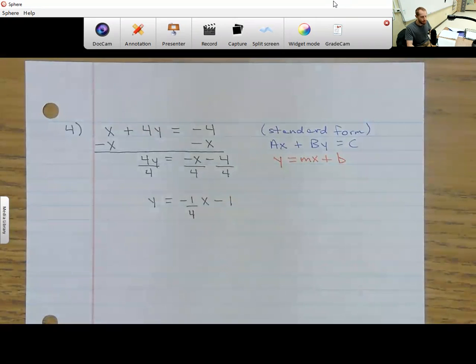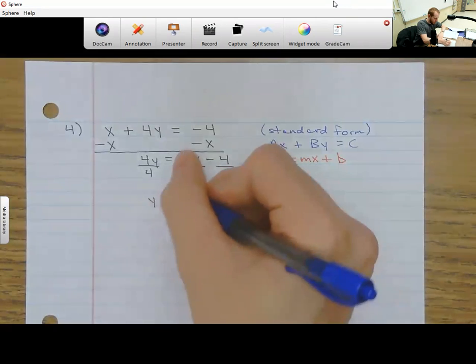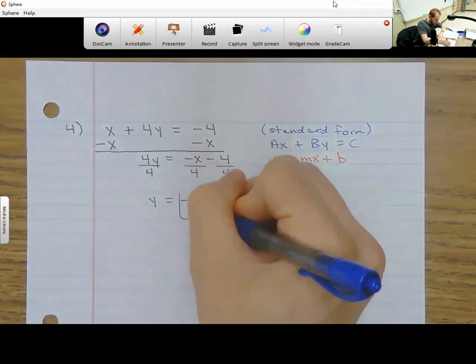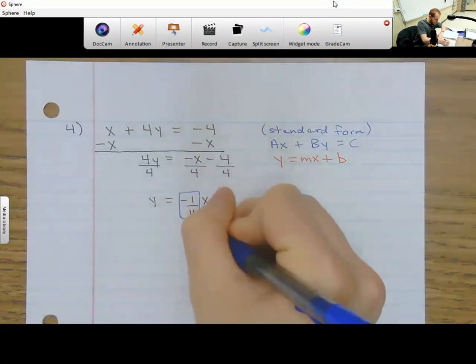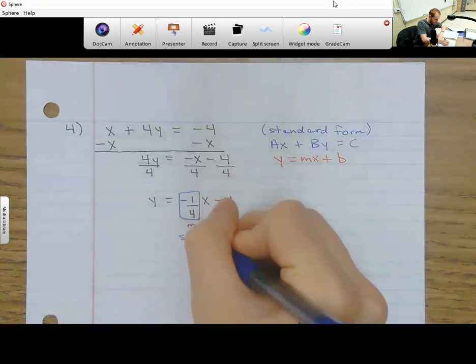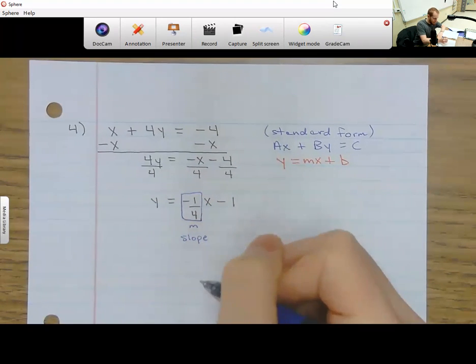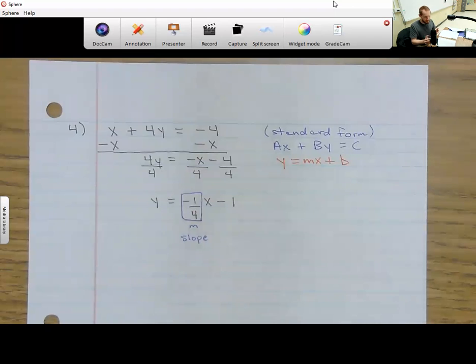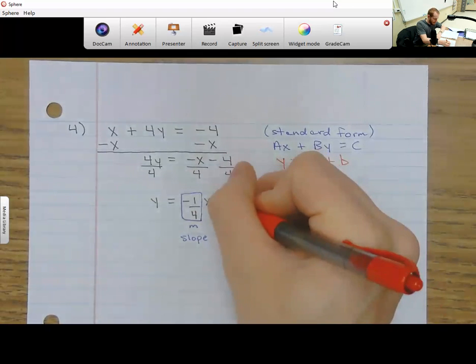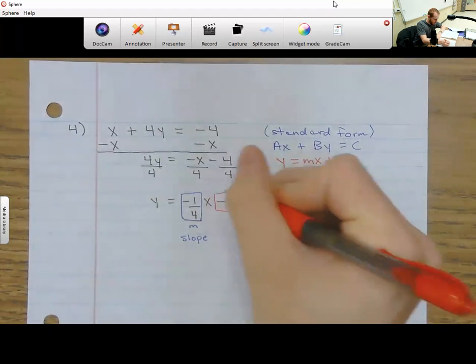So what's the number in front of x? Negative 1/4, right? That's going to be my slope. So m, or slope. M stands for slope for some reason. I still don't know why. And the negative 1, that is my y-intercept, or b.